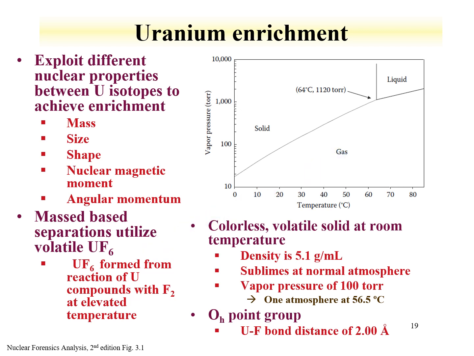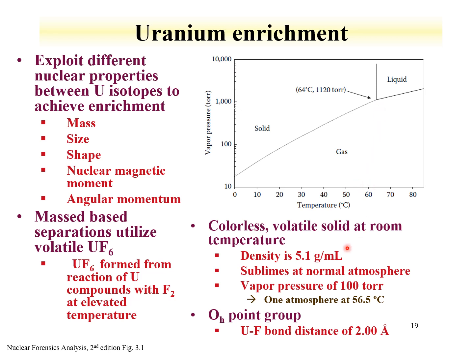This uranium hexafluoride can be formed from the reaction of uranium compounds with fluorine at elevated temperature. This material has a density of about 5 grams per liter, sublimes in normal atmosphere, going from the solid to the gas, and has a vapor pressure of 100 torr, or 1 atmosphere at 56 degrees.